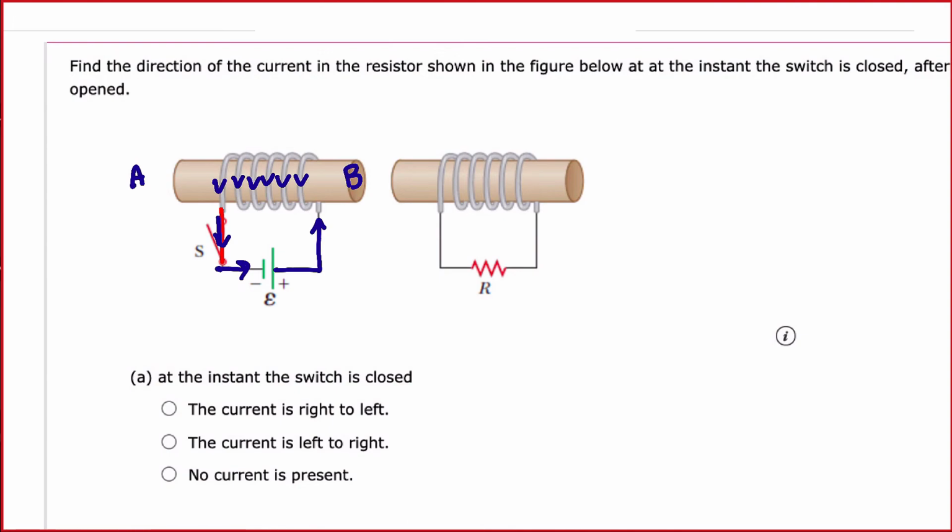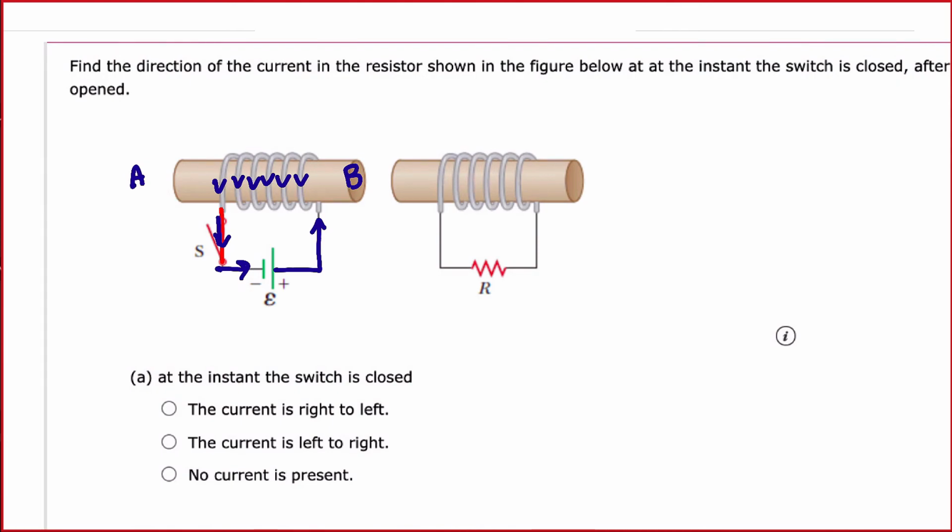Alright, so once again, as we curl our fingers downward and wrap them around, you could just imagine grabbing your pen, and the pen becomes the solenoid. You wrap your fingers around the pen, and the thumb points in the direction of the North Pole. So in this case, B is the North Pole of this magnet.